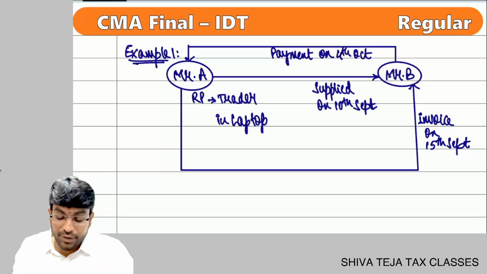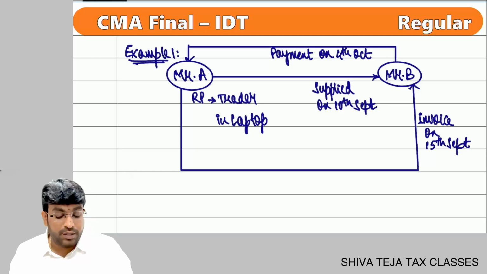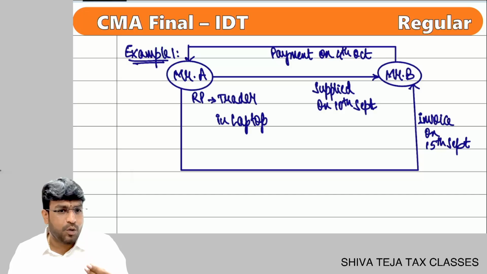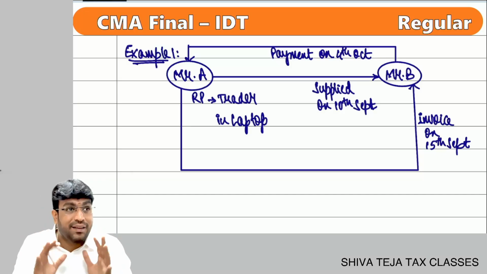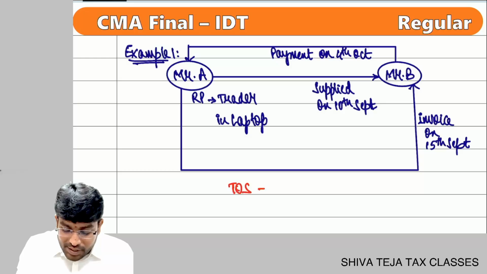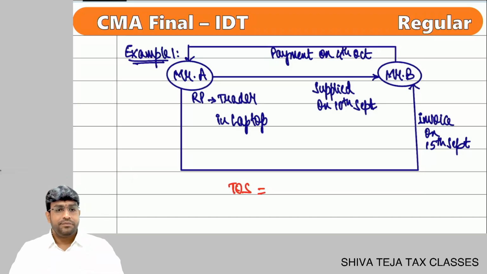When did he make the payment? 4th of October. Like this, they give all the story in the question, with all the events that have occurred. And they'll clearly ask you in the exam, what is the answer for time of supply?